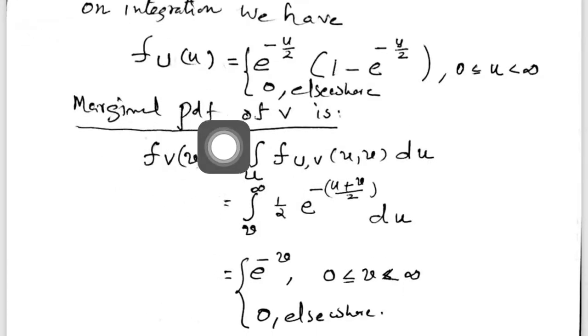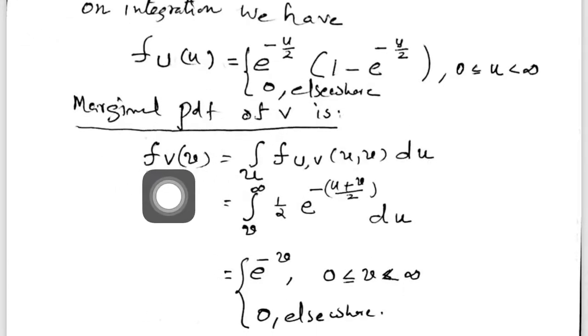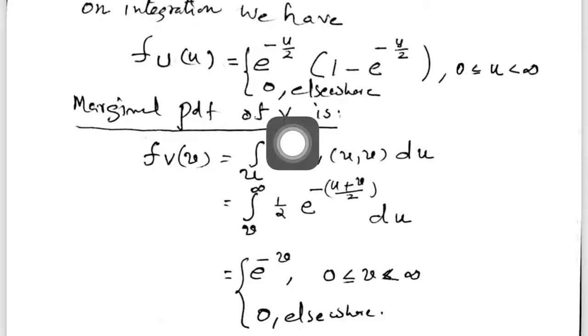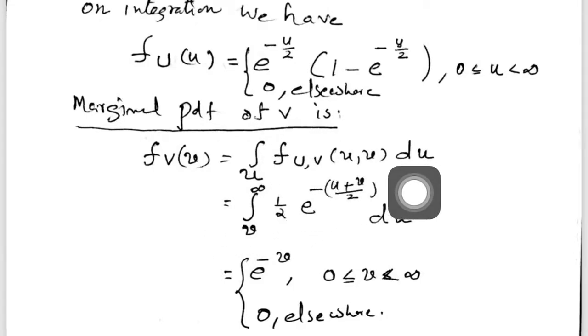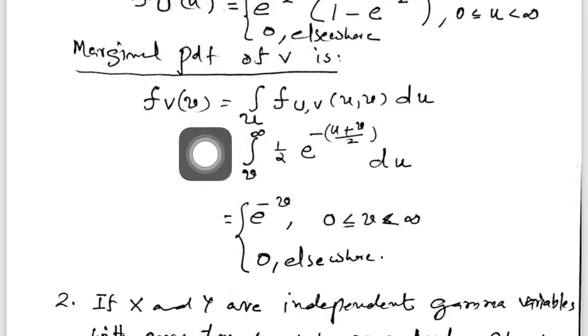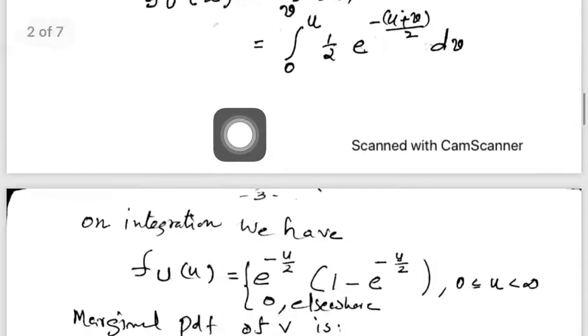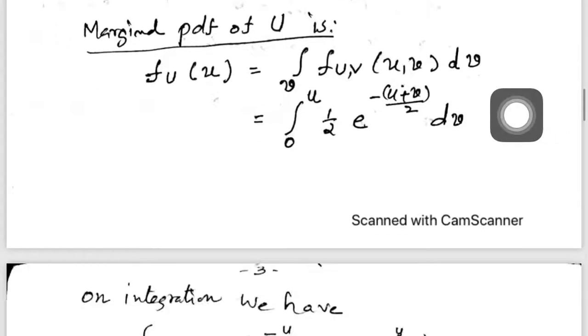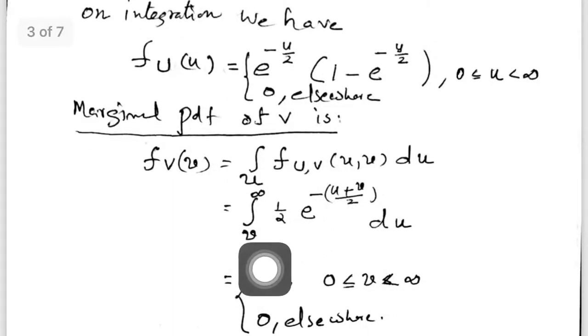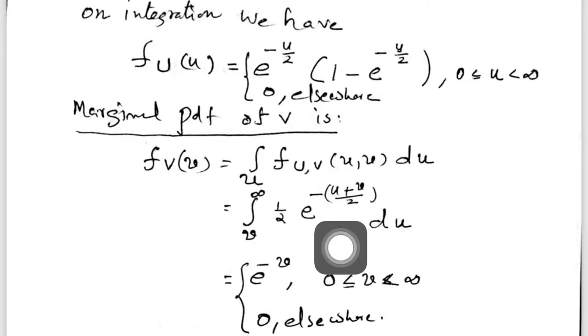Similarly, the marginal PDF of v is obtained as f_V(v), the integral over u of f_UV(u,v) du. You can see from this expression that u ranges from v to infinity, therefore you take the integral from v to infinity of 1/2 e to the power of minus (u+v)/2 du.